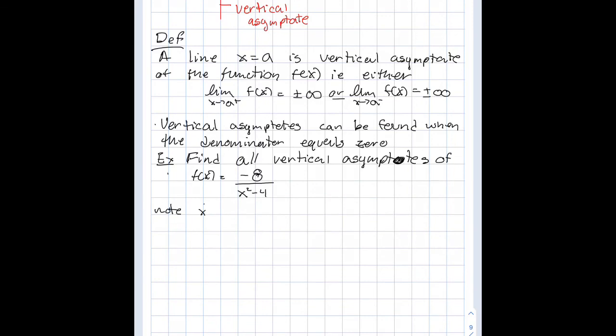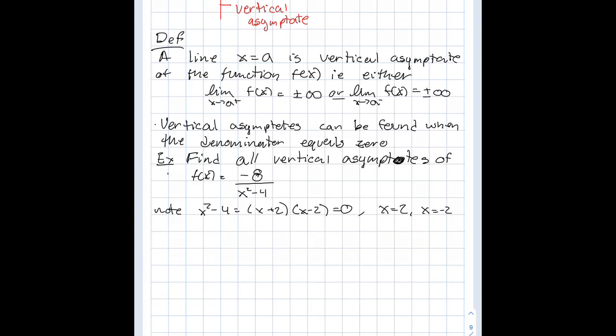Note that x squared minus 4 is a difference of squares, so we can factor that into x plus 2 and x minus 2. And that equals 0 when x equals 2 and x equals -2.